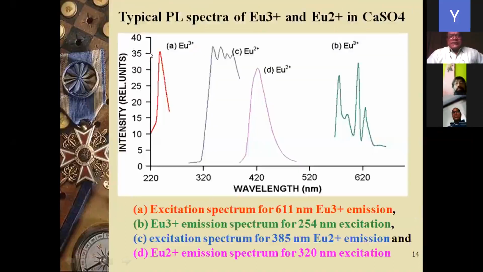So this is the intensity in relative units and value for excitation and emission for U2 plus and U3 plus. And U2 plus is converted into U3 plus by the radiation. The excitation spectrum and the emission spectrum are monitored for getting the excitation frequency and 255.